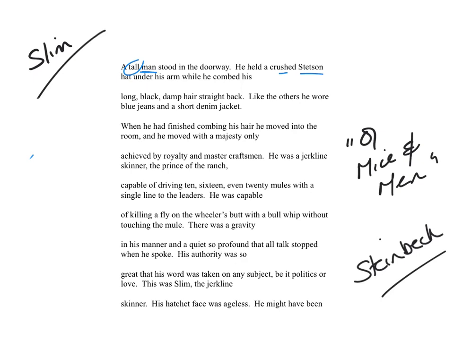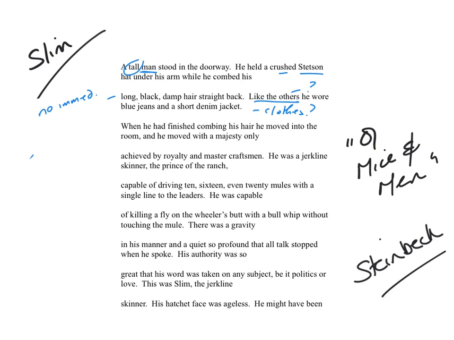So you've got the idea he doesn't move in straight away. So I might want to flag up not immediate. "Like the others, he wore blue jeans and a short denim jacket." Okay, so is he going to be the same as the others or not, maybe? What do his clothes tell us about him?